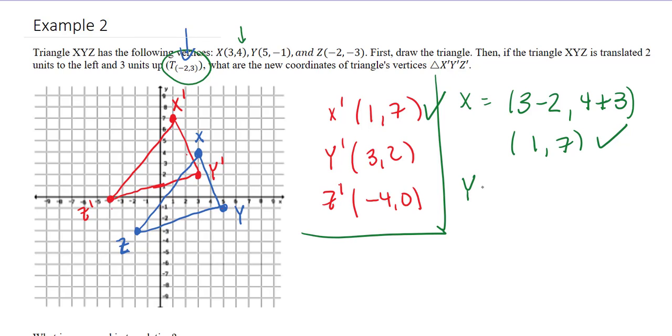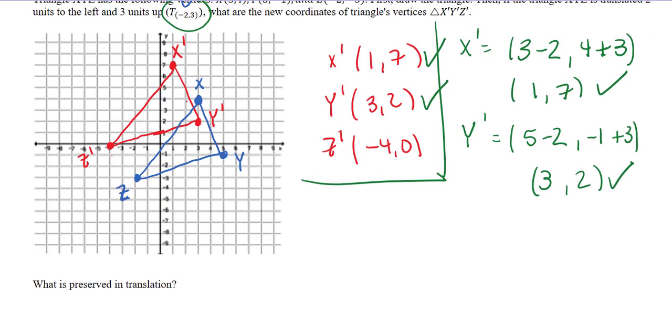Now what's Y prime? 5 minus 2, and then -1 plus 3. 5 minus 2 is 3, and -1 plus 3 is 2. That also checks out: (3, 2). Now, what about Z prime?